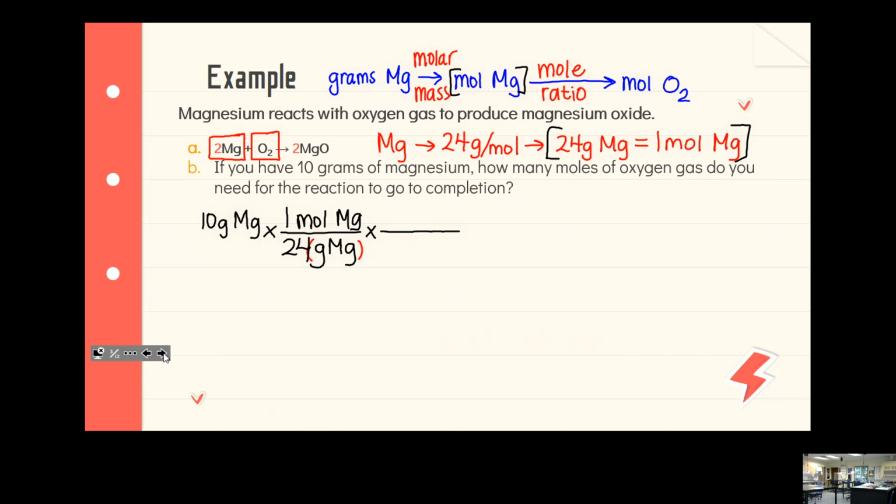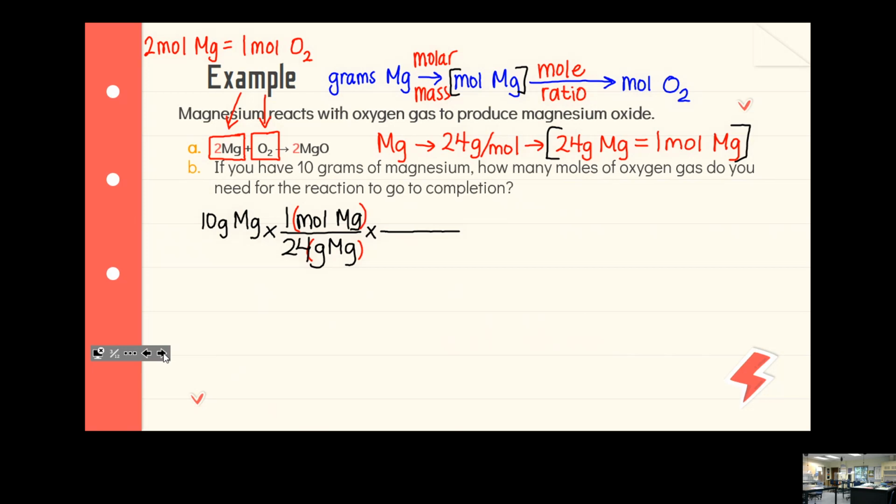Okay, so you could even write that out as a conversion factor and say 2 moles of magnesium is going to equal 1 mole of oxygen based on my balanced chemical reaction. So I'm going to take that and use it in my setup so I have my mole of magnesium that I want to cancel out.